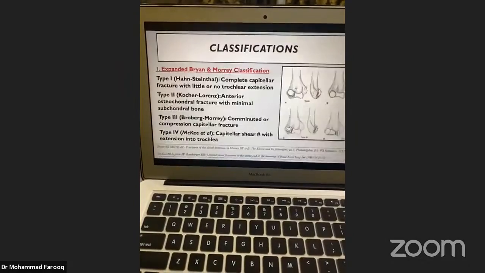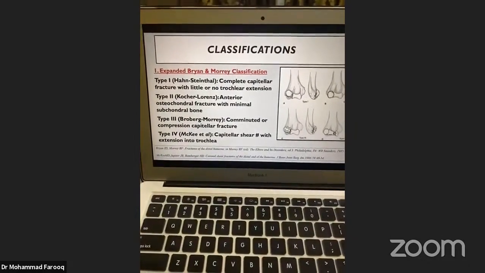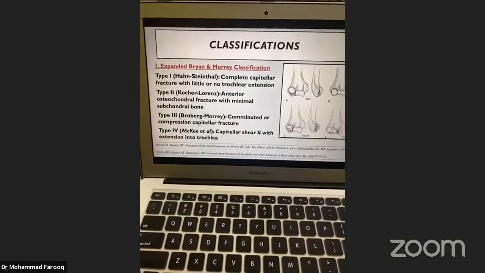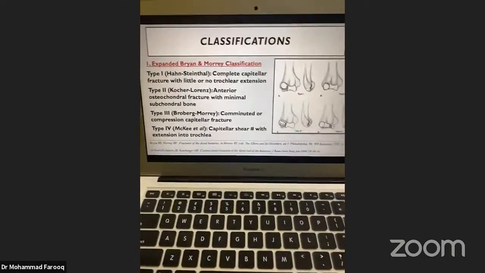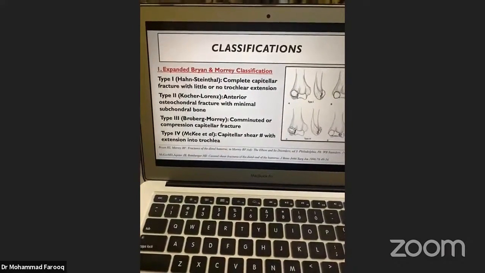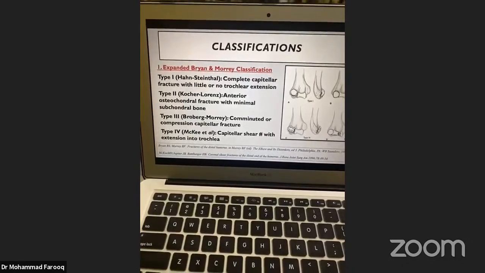which results in these fractures. There are many classifications described. Bryan Morrey's classification basically addressed the capitellar part of it, till McKee realized that it is basically extending into the medial and lateral part of the trochlea as well.